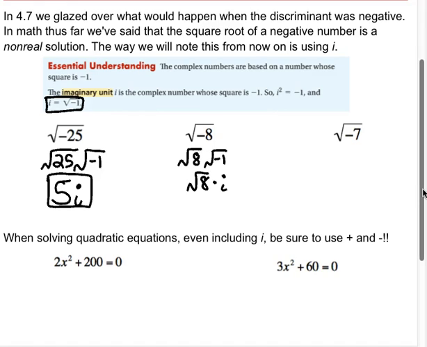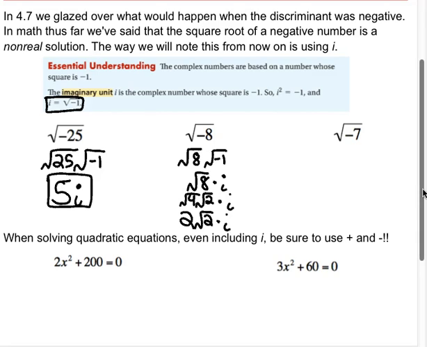So the square root of 8 is actually 4 and 2, again still with that i. So square root of 4 we know is 2. So the real part can continue breaking down like it always has, simplifying radicals. We just have to know to take out that negative and call it i.